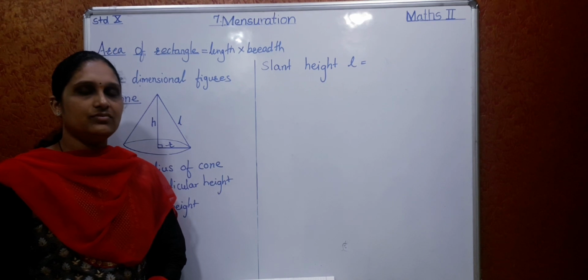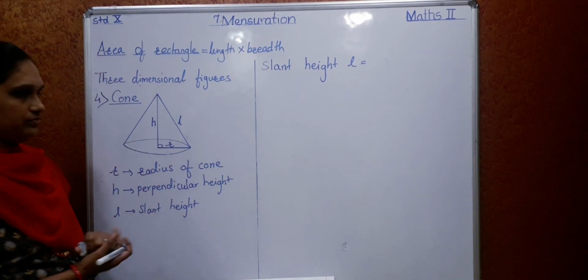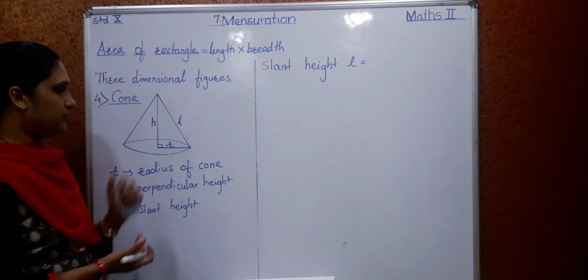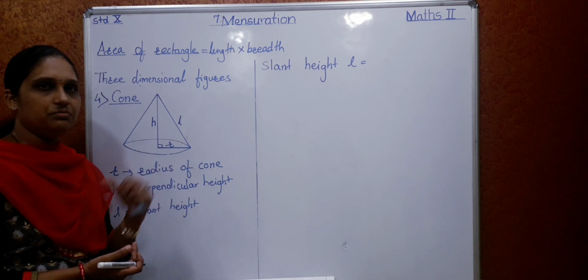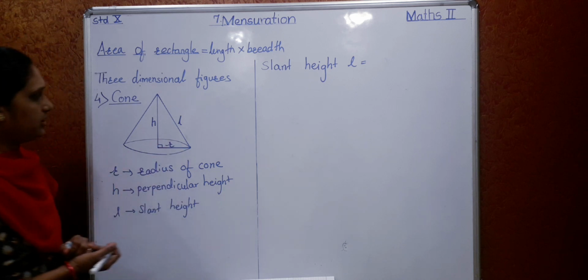Now we'll find one formula. Now let's see the next three-dimensional figure, which is cone. The shape of the figure you must have seen in birthday parties. Birthday caps are in the shape of the cone.